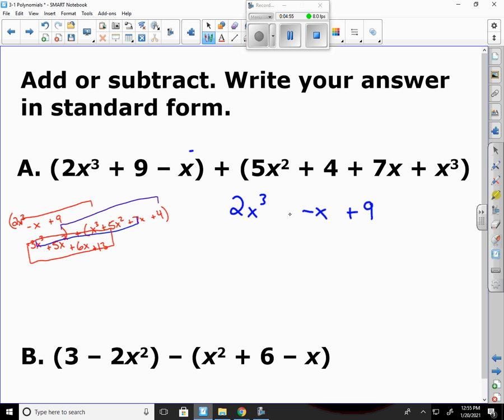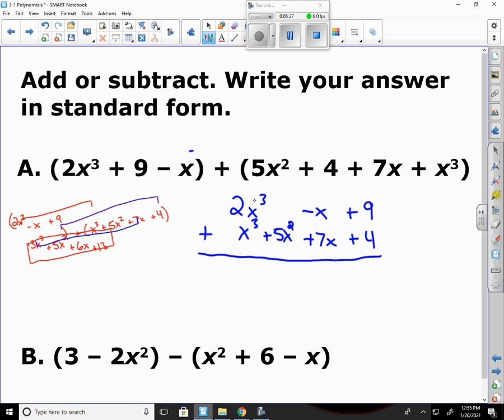Now you'll notice I left a gap between 2x to the third and minus x because I know that there's a 5x squared in the other one. So then I do plus, put the other one in standard form again, x to the third plus 5x squared plus 7x plus 4.